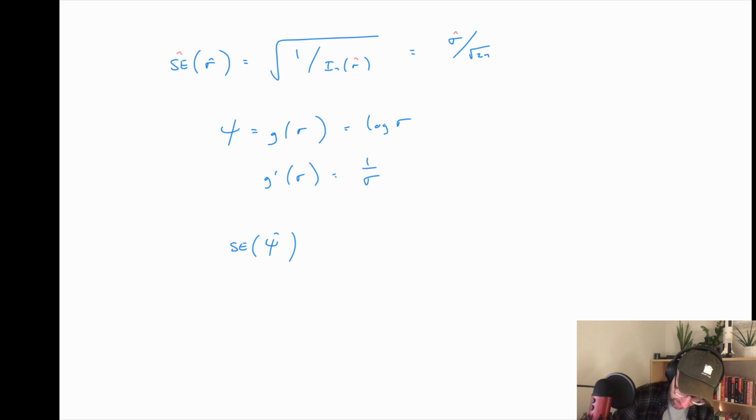We should maybe mention that the MLE here is the log of the MLE for sigma. We're going to need that in a second. But anyway, the standard error is then the absolute value of 1 over sigma times the standard error of sigma.